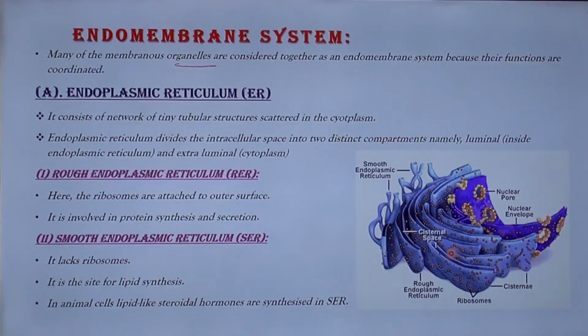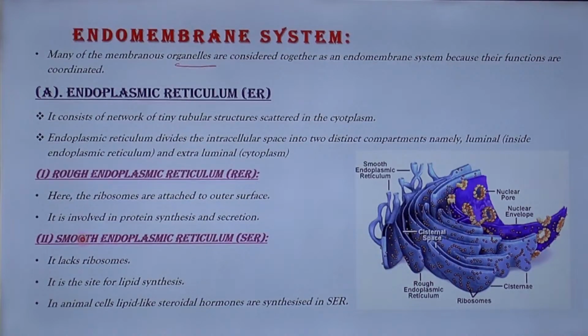So first, what is the endoplasmic reticulum, that is ER? The endoplasmic reticulum can be studied under an electron microscope in eukaryotic cells. It reveals reticulate tubular structures.